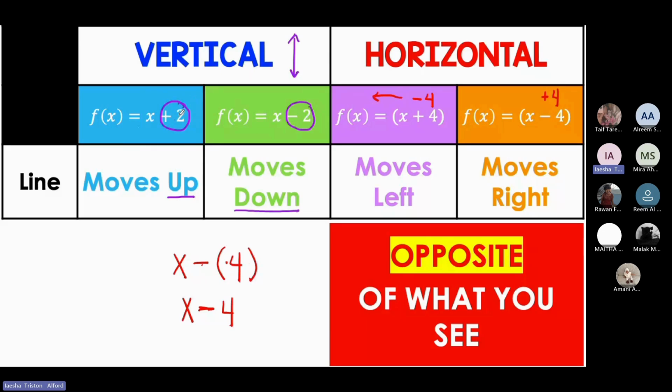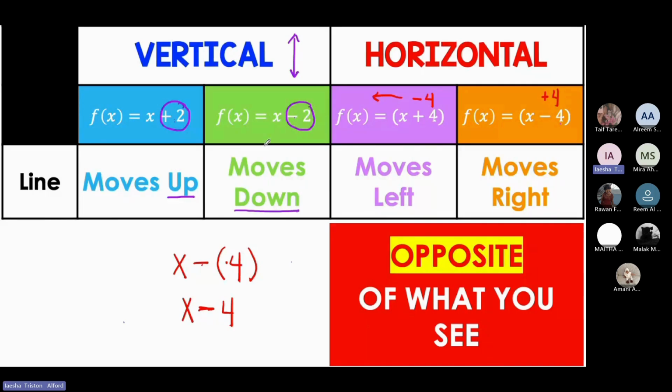Is the number inside the group or outside the group? For the horizontal, the number is inside the group. For the vertical, it's outside the group. But for the horizontal, remember, it is opposite of what you see with your eyes. It's only for h.